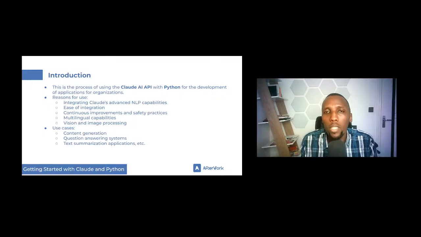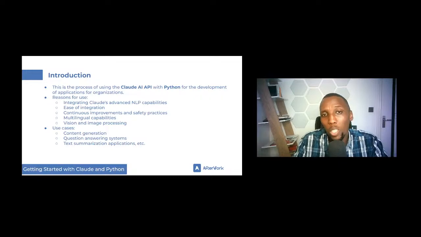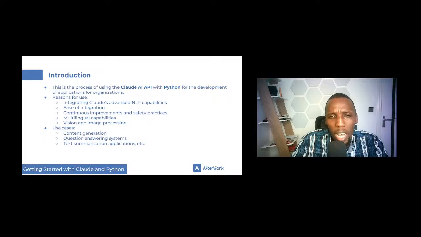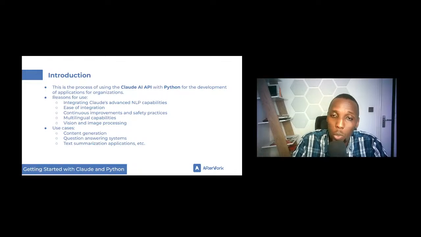The reasons why you would want to use the Cloud AI API, which they do provide and which gives us access to various models, are that you might want to integrate Cloud's or just large language model capabilities into your application, and you would be looking for an easier way of integration. You might also want to use a platform that heavily emphasizes safety practices when it comes to AI.